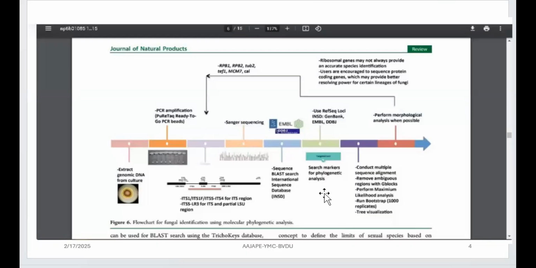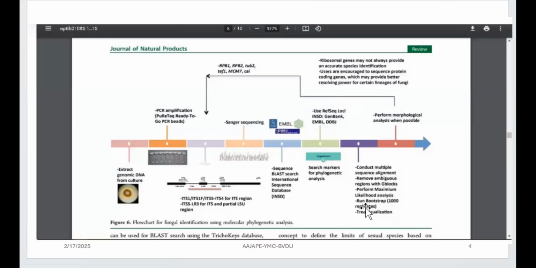Of course, these search markers are available in international databases like GenBank, EMBL, or DDBJ. These are the names which are providing you the reference sequence loci, which can be used for phylogenetic positioning of the organism.